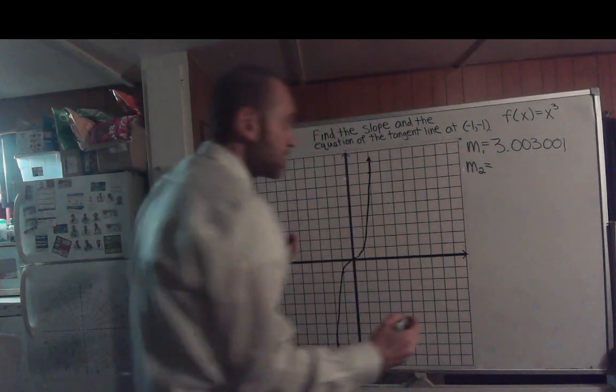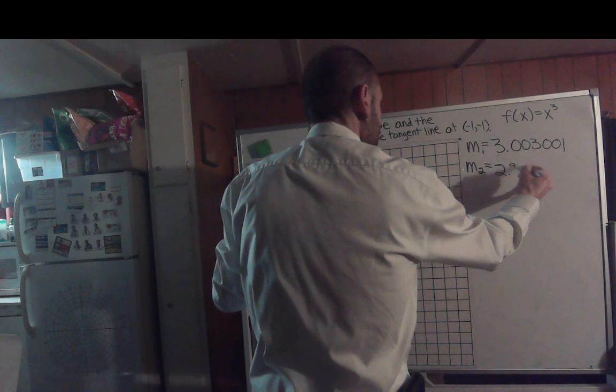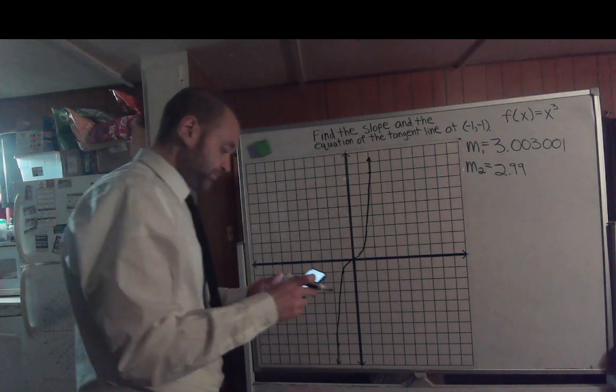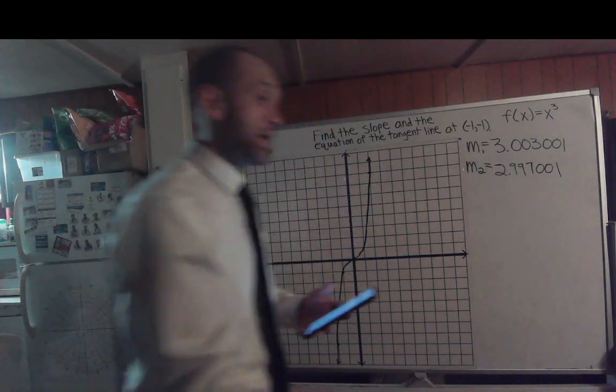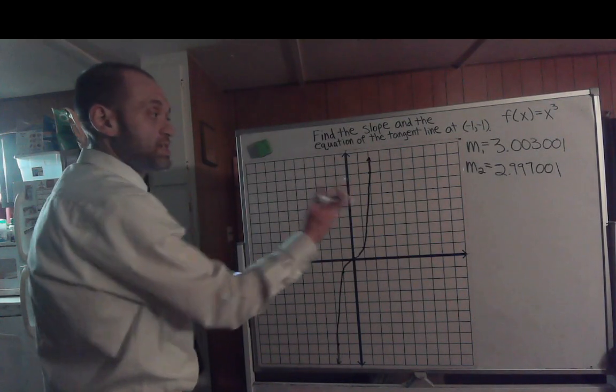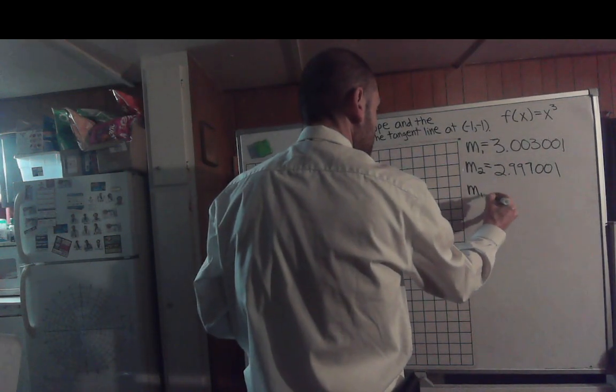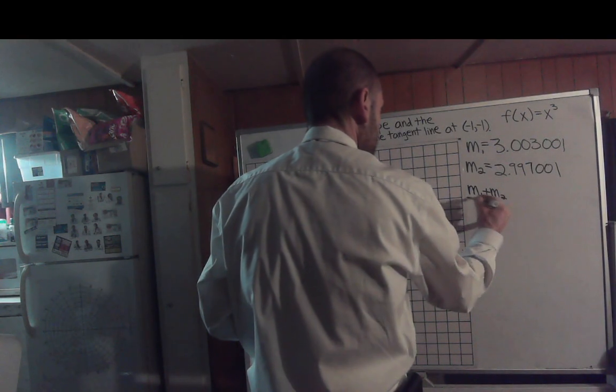So let's see here. That was 2.997001. Now, of course, if we want to find the slope at x equals -1, at that point -1, -1, let's average the slope of the two secant lines together.